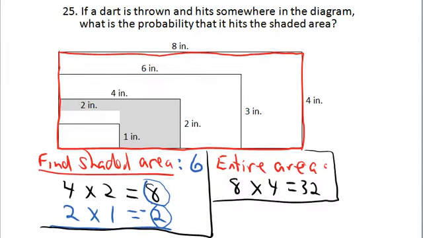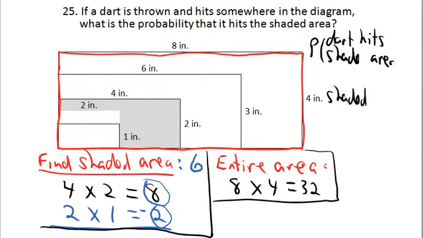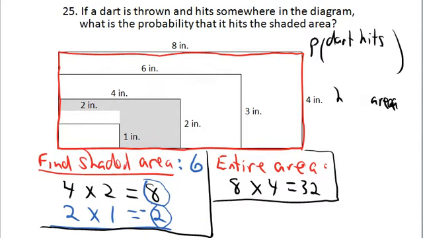So by the basic probability principle, the probability that the dart hits the shaded area. I don't know why it's doing that.